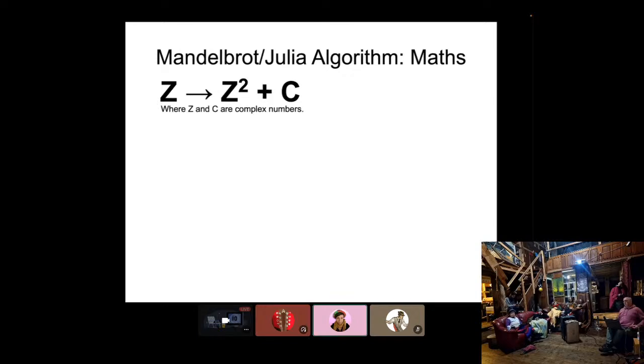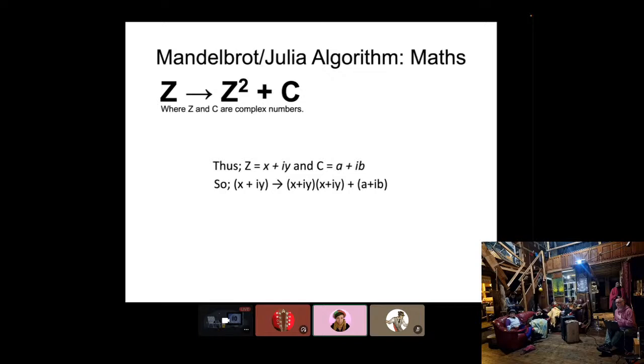Right, so let's look at the maths of how we do that and turn it into an algorithm. We're going to write Z, as I said, as complex numbers: x plus iy is Z, and a plus ib is C. So how do we multiply them together?